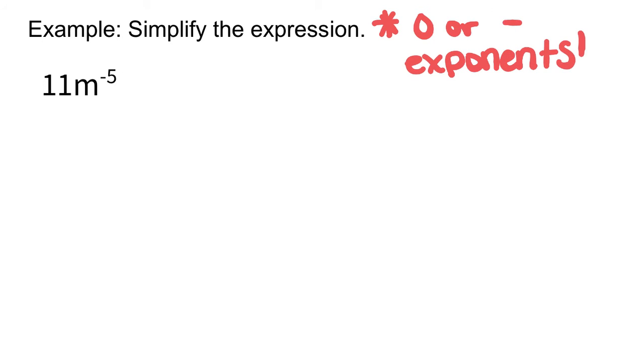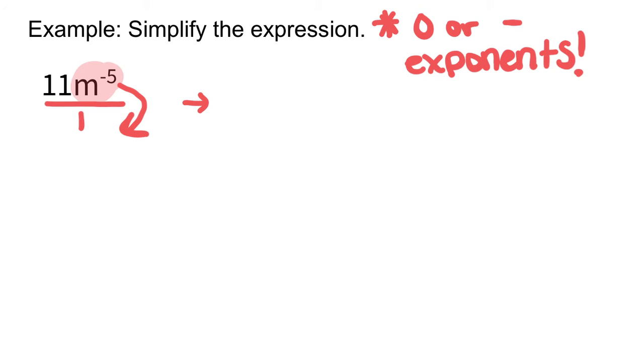In the next example, again, we're looking for 0 or negative exponents. And if I look, I can identify that I have a negative 5 exponent, which is attached to the m. So what will happen is if I write this as a fraction, this is going to come to the denominator.